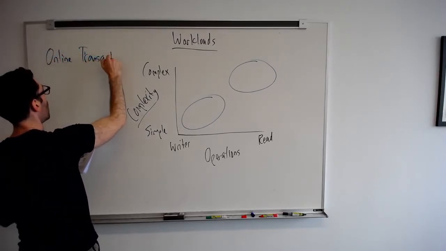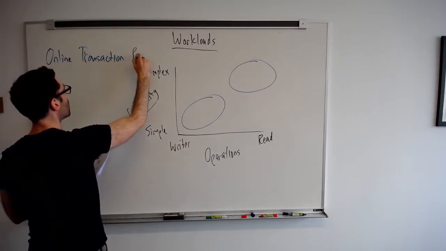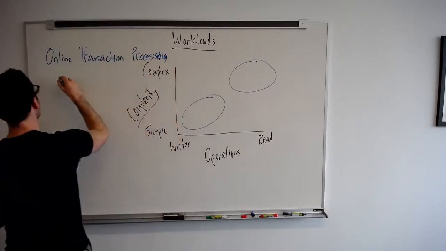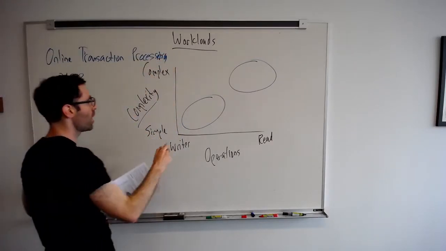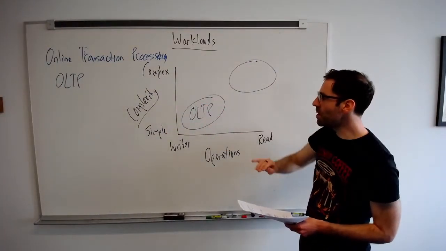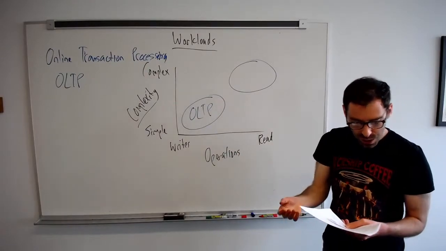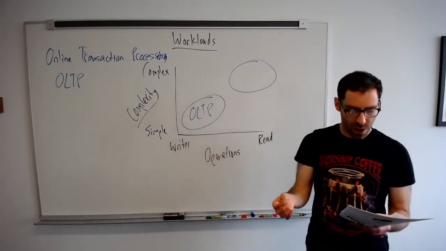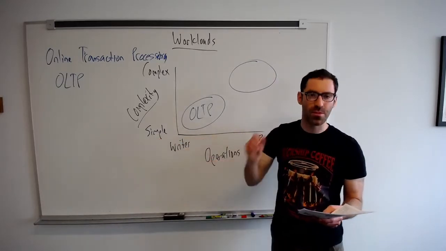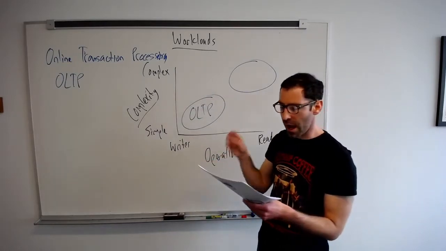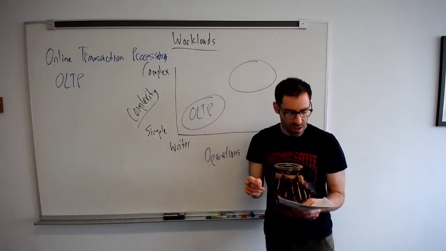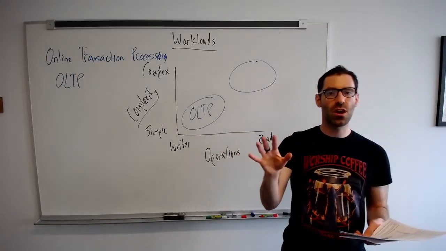And so we talk about online transaction processing, or OLTP, and that will live here. And OLTP is a situation where we have a lot of fast, short-running operations. So a lot of simple operations that operate on a kind of single entity at a time. An example of this might be the Amazon storefront.